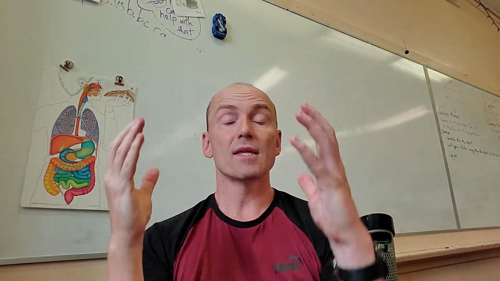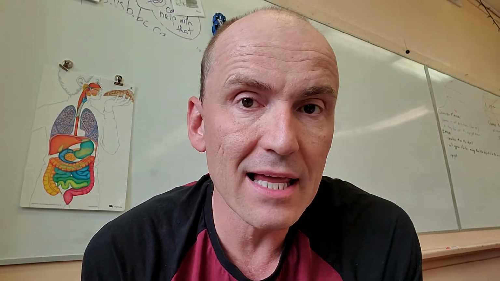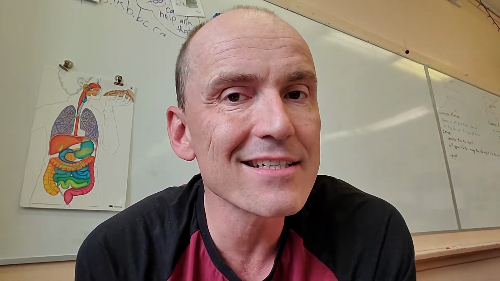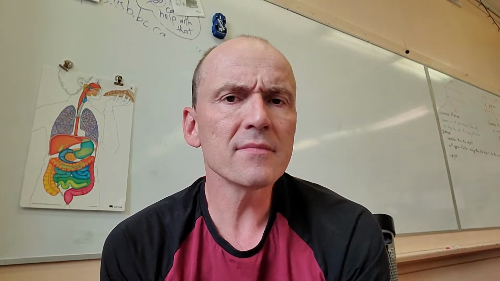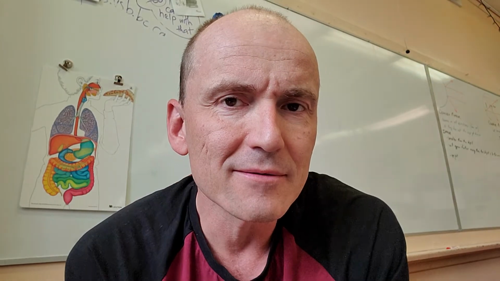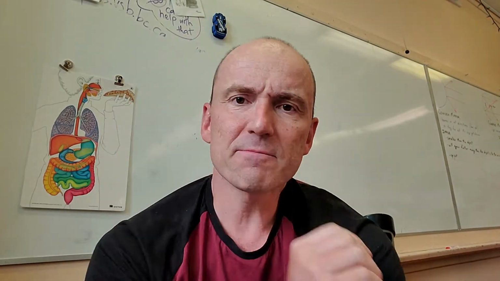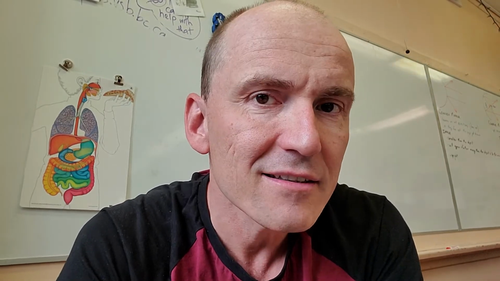Well, first we have to talk about glands. There are 2 types of glands in your body. There are exocrine glands and endocrine glands. In my opinion, they are incorrectly named. So the difference between the 2 types of glands is whether they have a duct or don't have a duct.